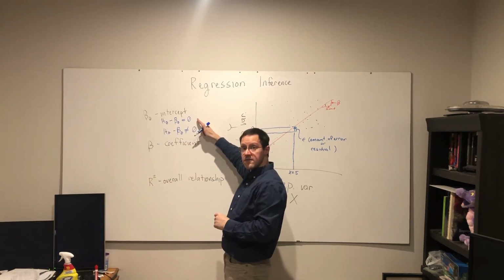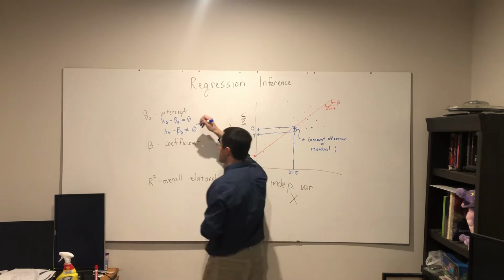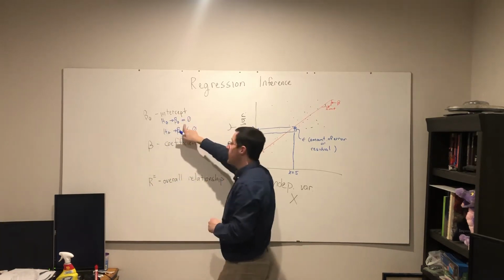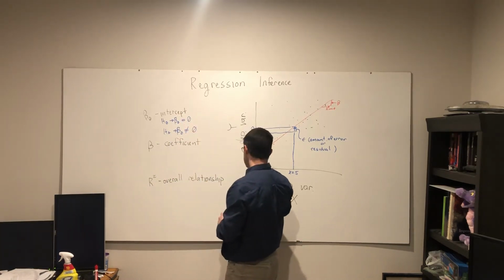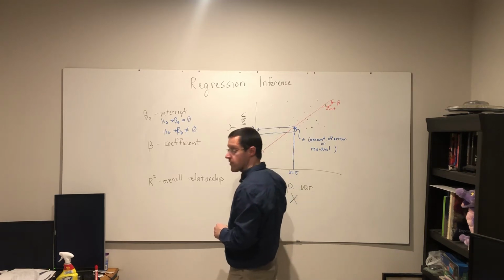And it's saying, the null hypothesis is that the intercept is 0, so that this red line could hit here at the origin, basically at 0, 0.